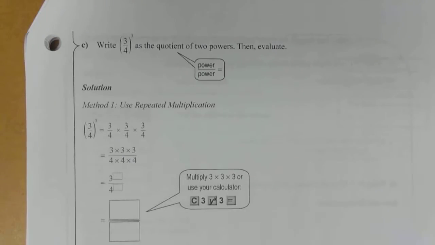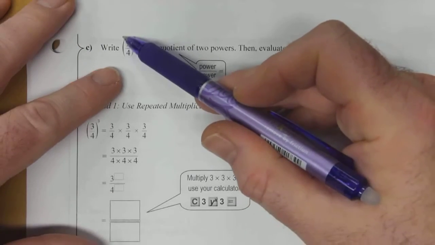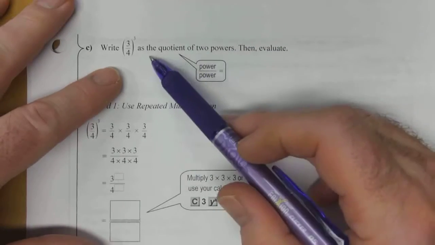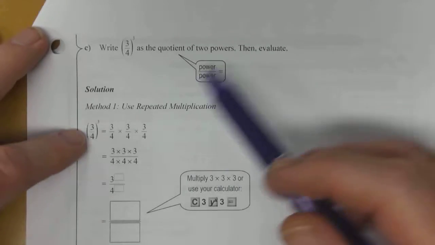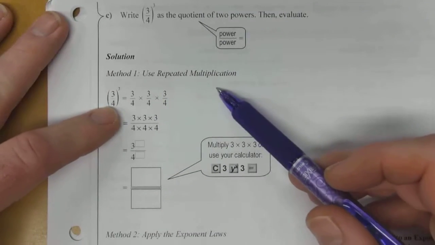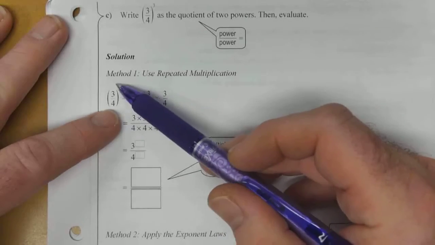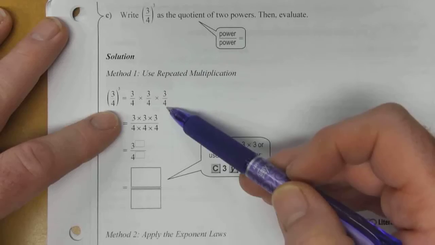All right, another example here. Write 3/4 to the 3rd power, or cubed. Write it as a quotient of 2 powers, then evaluate. So we'll use repeated multiplication again. We've got the fraction 3/4 cubed. So that's the same as 3/4 times 3/4 times 3/4.